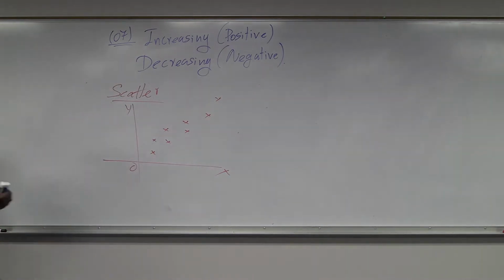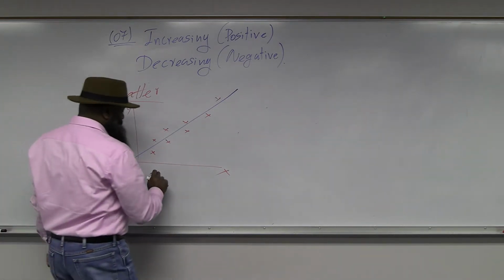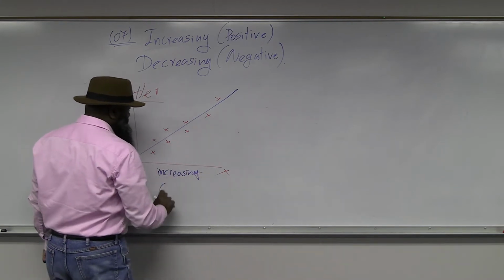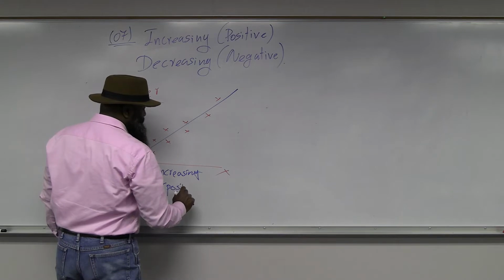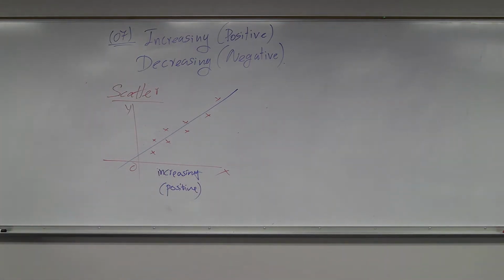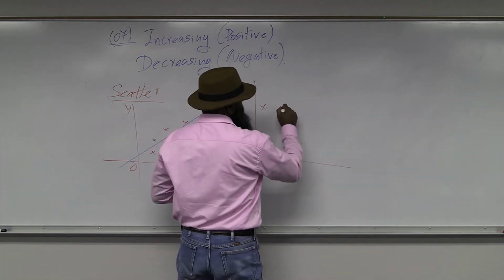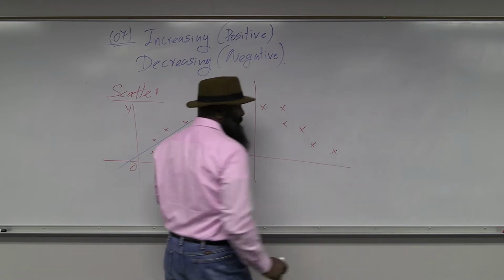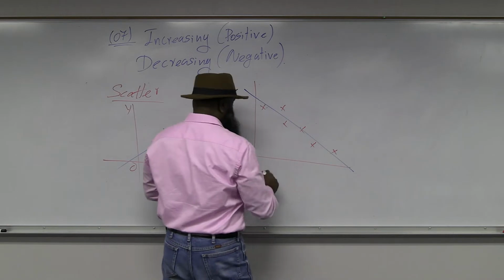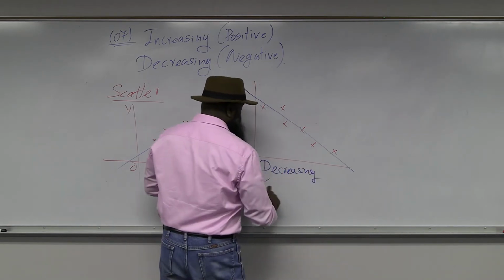In that case, we say this is an increasing linear relationship, also called a positive linear relationship existing between x and y. And if your scatter plot shows a decreasing trend overall, this is called a decreasing linear relationship, also called negative.